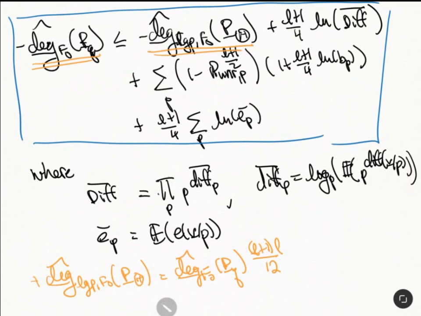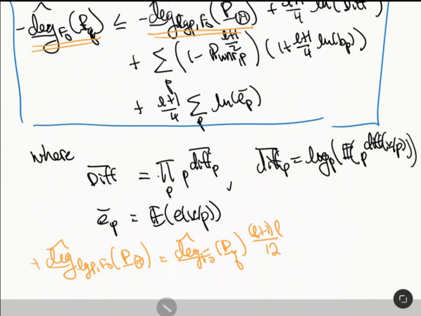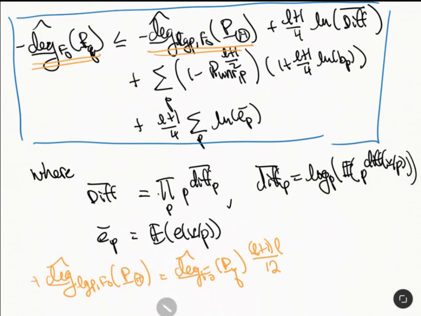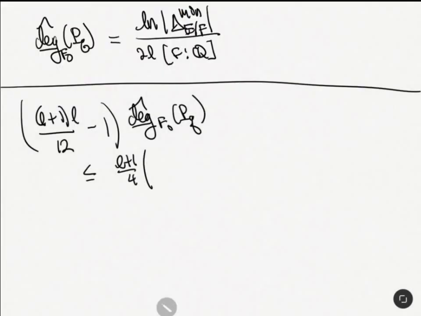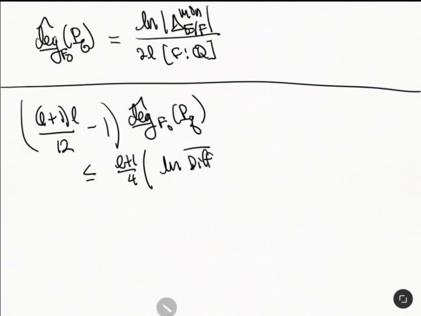Then we have a bunch of L plus 1 things, so we have L plus 1 less than or equal to L plus 1 over 4. Then we have the log of this average different, and then we have the average ramification.